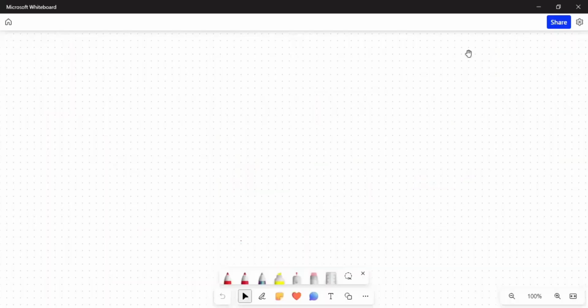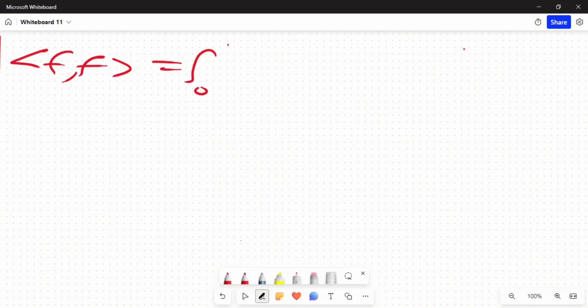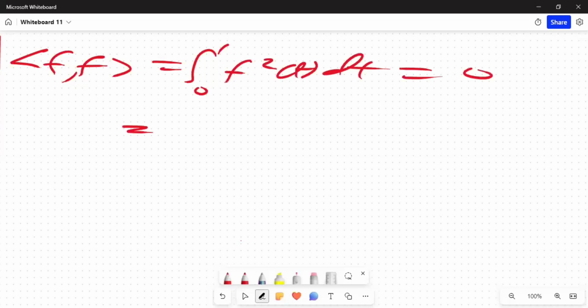The inner product of f, f, which is the integral from 0 to 1 of f squared(t) dt, is equal to 0 if and only if f is equal to 0.